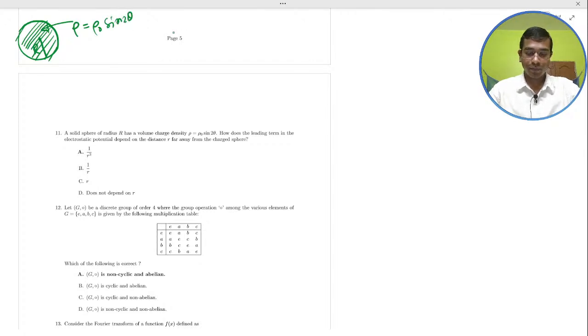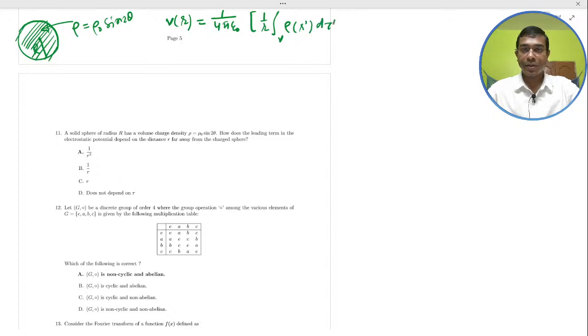Okay. So according to multipole expansion, the potential V(r) equal to 1 by 4 pi epsilon naught, this is the 1 by r integration over V rho(r dash) d tau dash, plus 1 by r square integral over V r dash cos theta dash rho(r dash) d tau dash, plus dot dot.